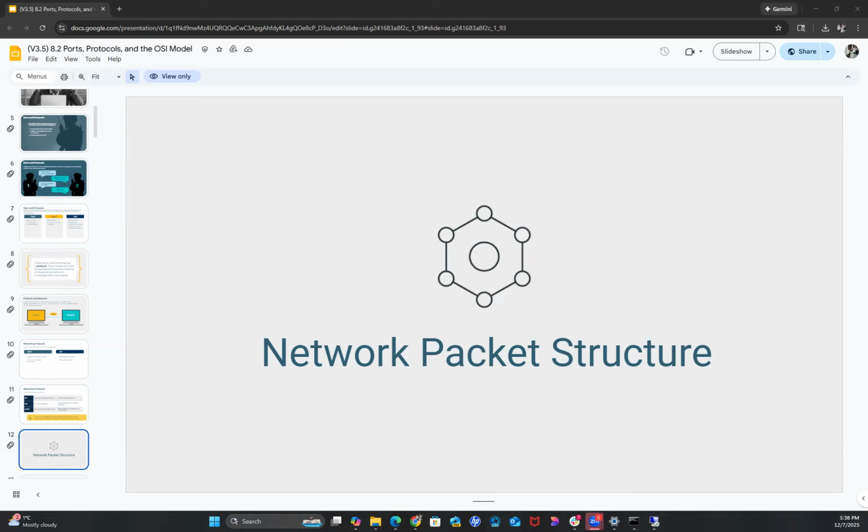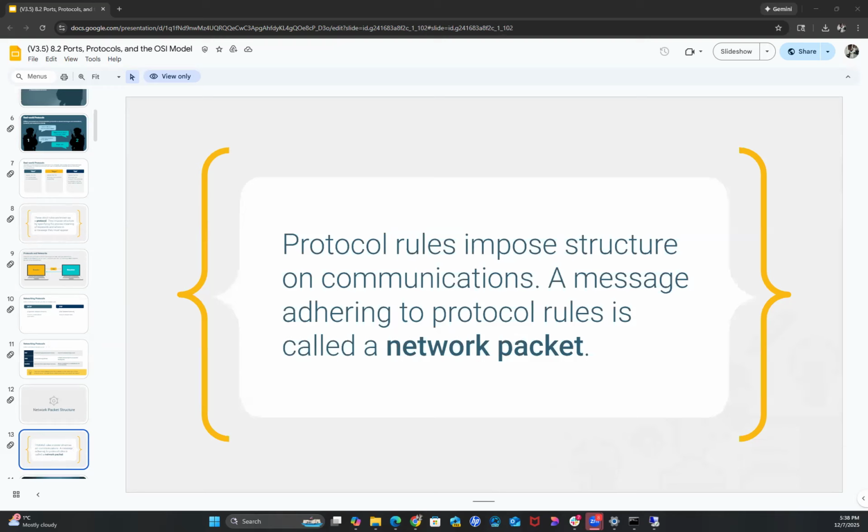So network packet structure: what is a network packet? Protocol rules impose structure on communication. A message adhering to protocol rules is called a network packet. So how is this protocol designed, how do these protocols work for communication with each other?